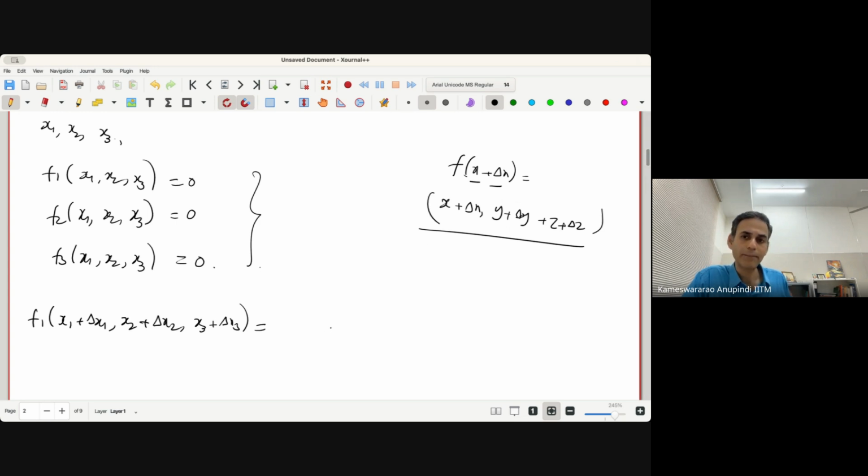Now, just like the Taylor series expansion for a single variable, I'm doing a Taylor series expansion for multiple variables.